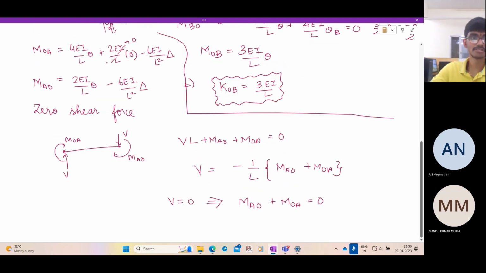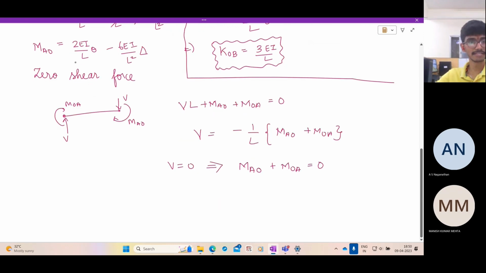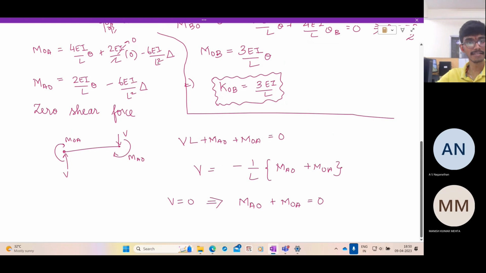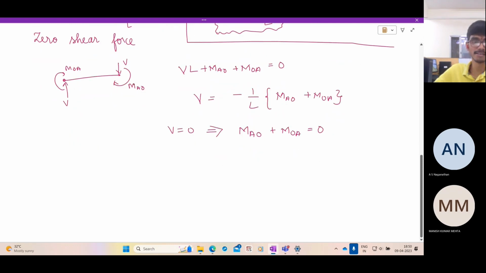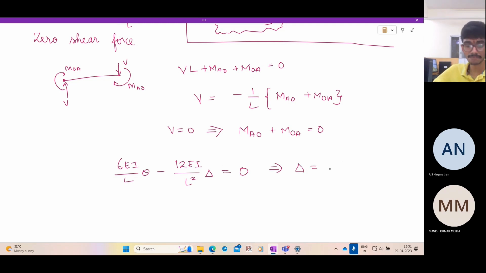Now let us add these two. MAO plus MOA is nothing but 6EI by L theta minus 12EI by L square delta. So 6EI by L theta minus 12EI by L square delta is equal to 0, which means we can eliminate delta from this equation. We get delta is equal to plus theta by 2L.